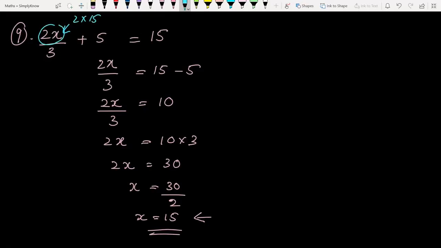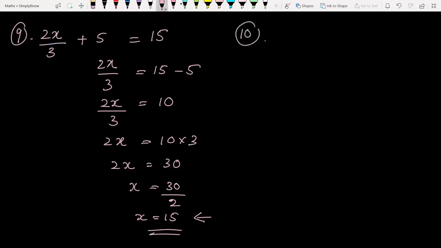So 2 times 15 is 30. 30 divided by 3 plus 5. Is 30 divided by 3 plus 5 equal to 15? Let's see. 30 divided by 3 is 10. 10 plus 5 is definitely 15. So our answer is correct.